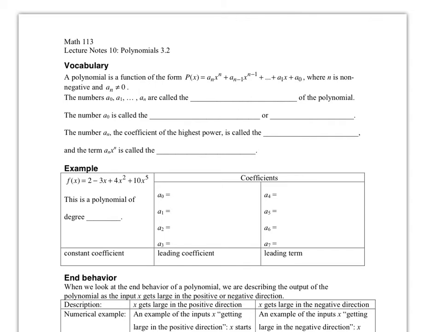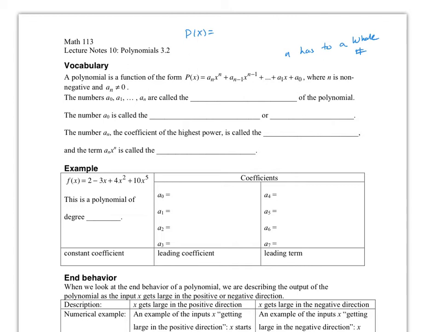All right, so let's get the official definition of a polynomial. A polynomial is something that looks like this, where n is non-negative, and actually n has to be a whole number. For example, we had functions like this in the previous weeks.